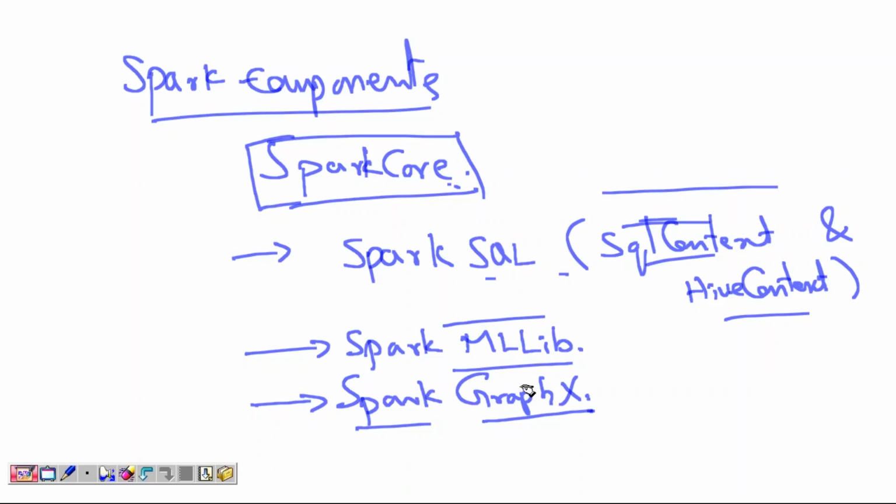For example, A is a user, A has a friend B, B is a user, B has a friend C. There is a relationship between A and B, and B and C, but there is also an indirect relationship between A and C. Such data is called graph data. To process and analyze graph structures, Spark GraphX is used. We cannot call it an ecosystem like Hadoop; it is just one component in Spark.